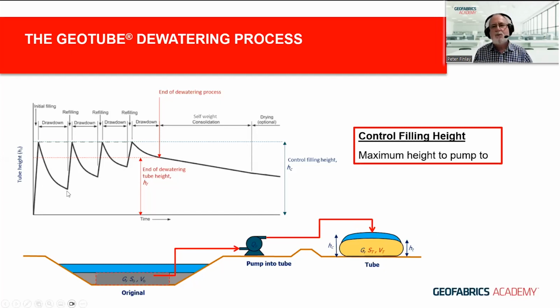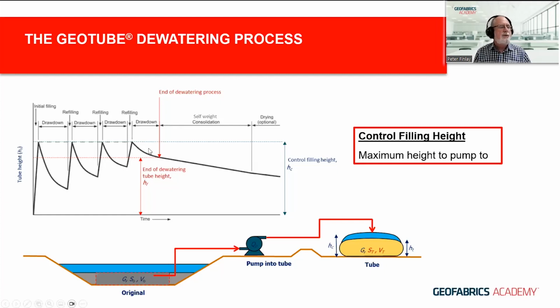So this is always your pump. Allow it to dewater, and this may be just leaving it overnight. It may extend as you go through the process, but it's a multiple pumping. Pump, allow it to draw down and dewater, pump again, not exceeding that filling height, allowing it to settle again, and doing the same. And you do this for as many times as it's going to take to effectively fill the geotube.